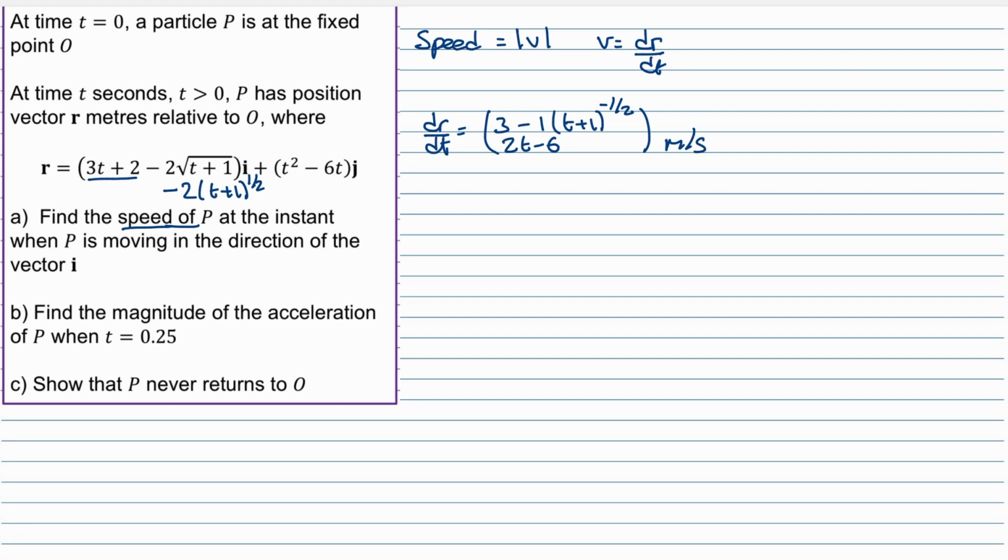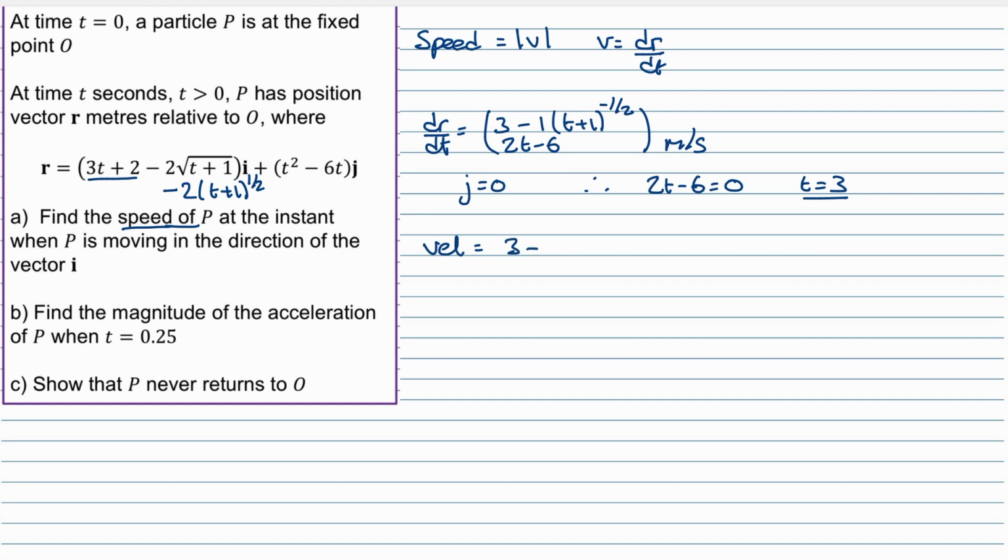And we want to work out the speed, the magnitude of this, when p is moving in the direction of i. So if it's moving in the direction of i, it has no vertical change. So the j component will be 0. Therefore, 2t minus 6 will equal 0. t must equal 3. So for the velocity, we can put this 3 into the i and the j components.